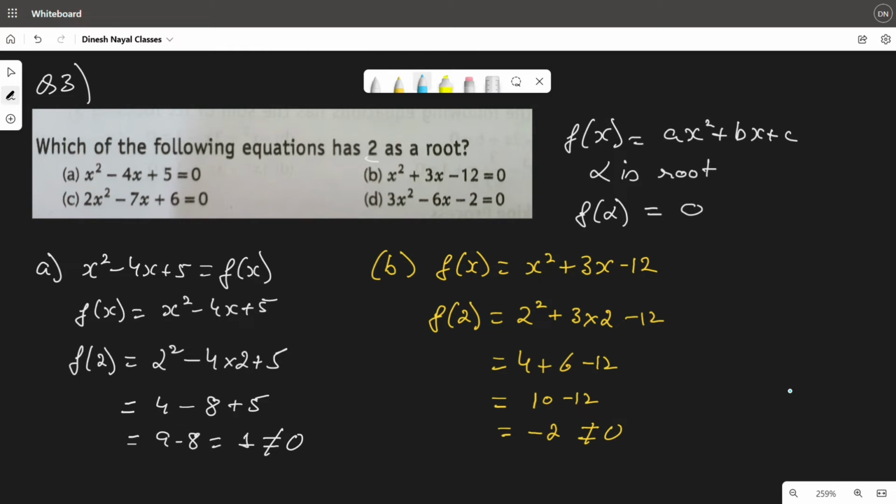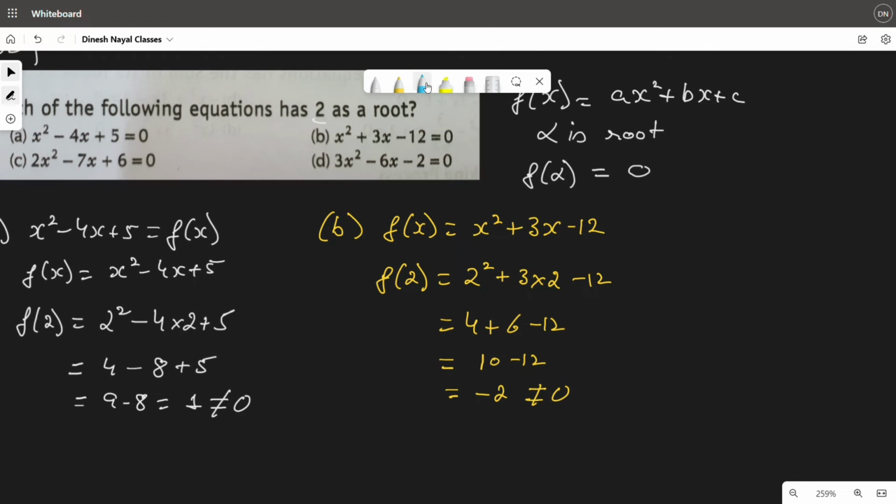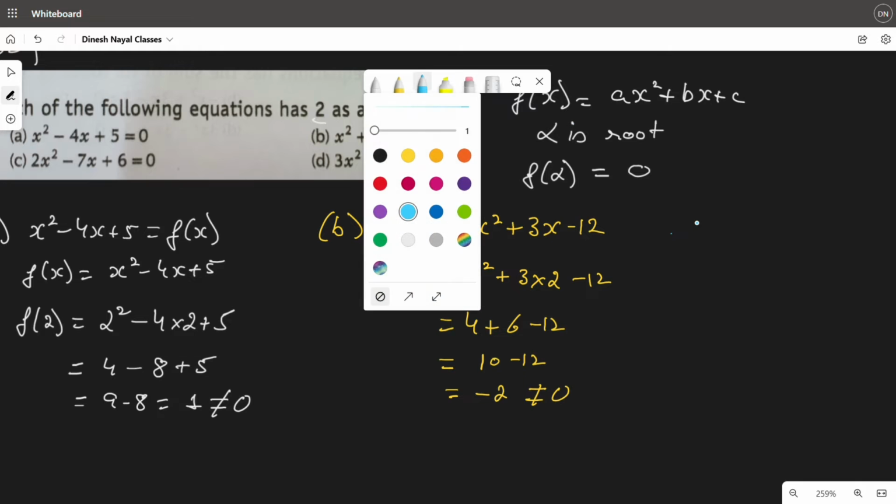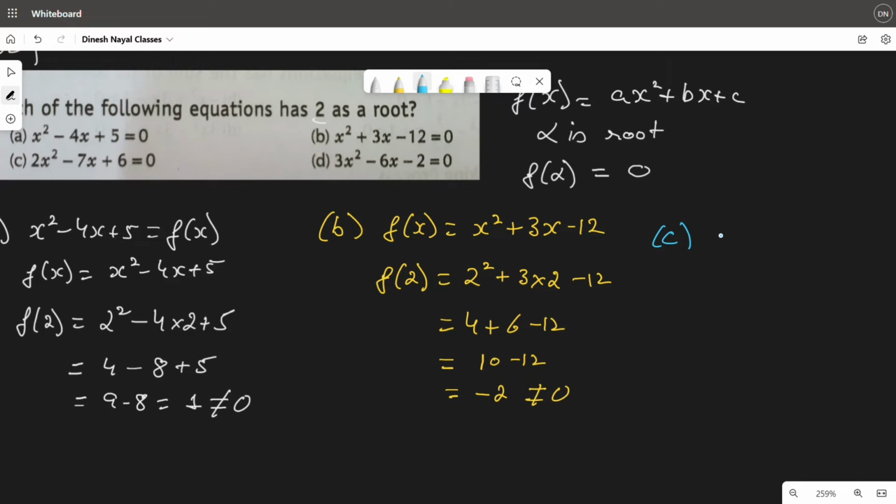C part. So checking for the C part. C is f(x) equals 2x square minus 7x plus 6. Substituting, f of 2 is 2 into 2 square minus 7 into 2 plus 6.